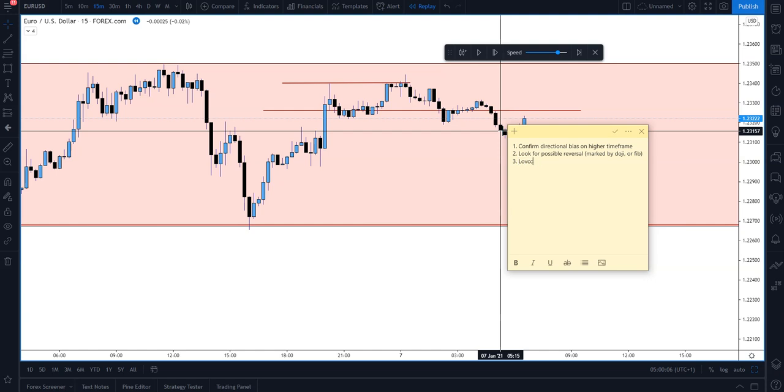Locate doji and draw support and resistance.